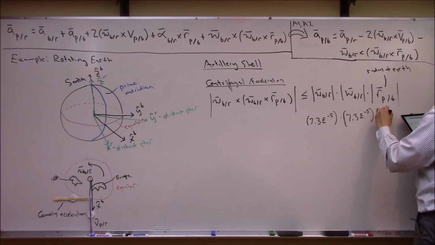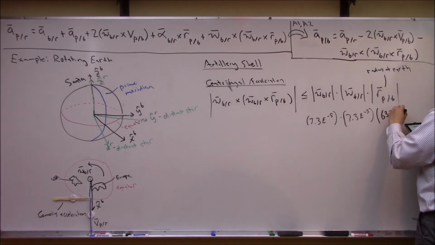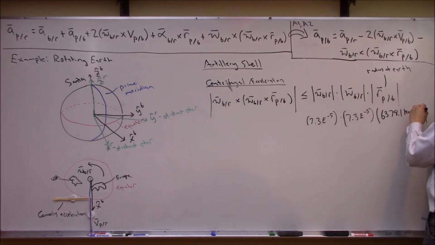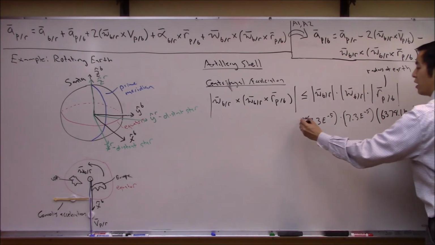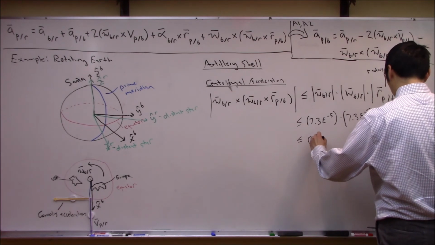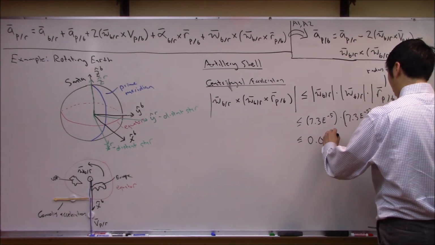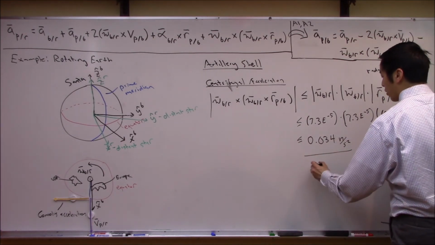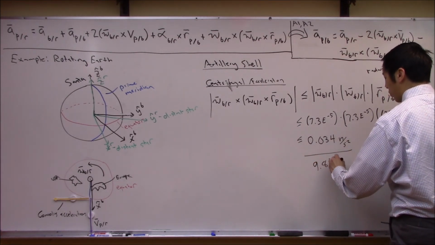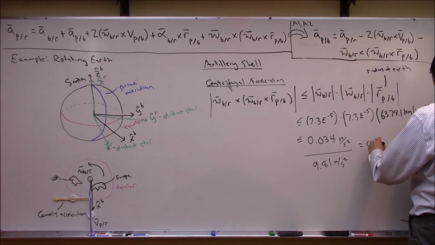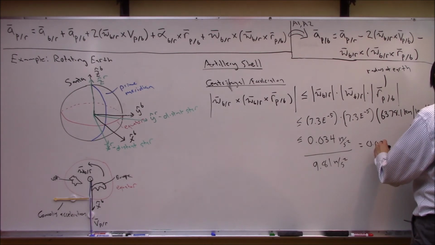It's something like 6378.1 kilometers, and I guess we've got to convert that to meters, so this is 1,000 meters per kilometer. There we go. So you jam in all of these numbers, and we end up with something like 0.034 meters per second squared, right? And again, if you want to normalize this with respect to how much it affects relative to gravity, you get something like 0.03. Oh, no, sorry.